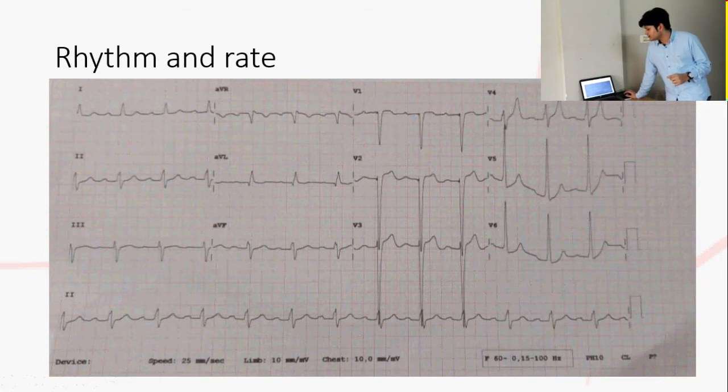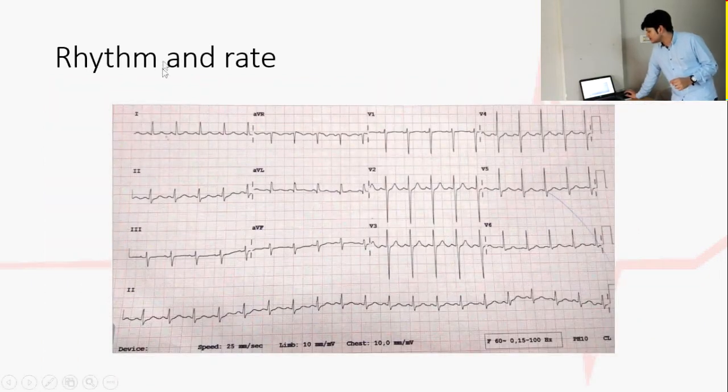Fine. So now the next ECG. What is the question? What is the rhythm and what is the rate? Let's decide the rhythm first. The RR interval here and here looks almost constant. When the RR interval is constant, you use one formula and get the heart rate.